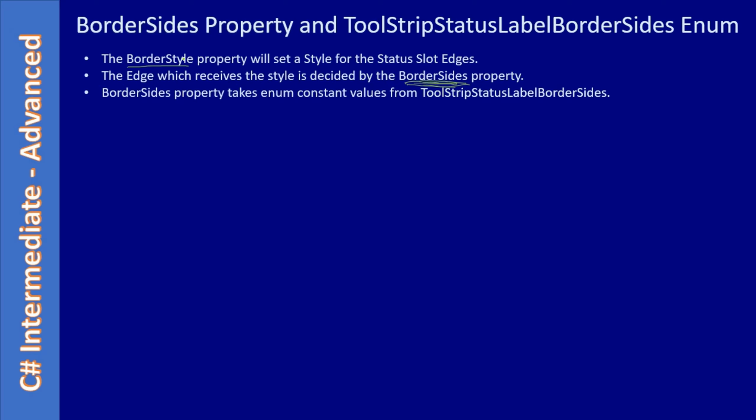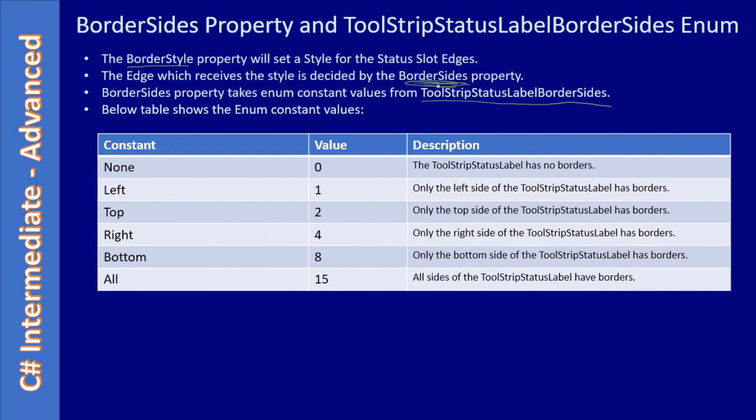The border side property takes an enum constant value from the ToolStripStatusLabelBorderSides enumeration. From this enumeration, we can pick a constant and assign it to the border side property. The table below shows the enum constant values for the border sides property. These constants are from this enumeration.